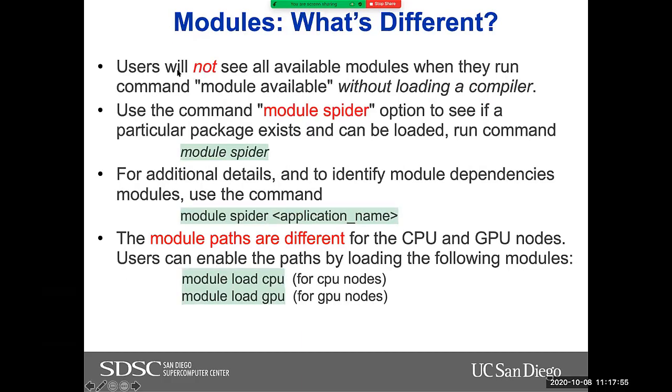So what's different? You will not see all the available modules when you run a command like module available. You have to initialize your system by loading in some kind of a compiler, because what you'll see is all of the applications and libraries and packages associated with that compiler.